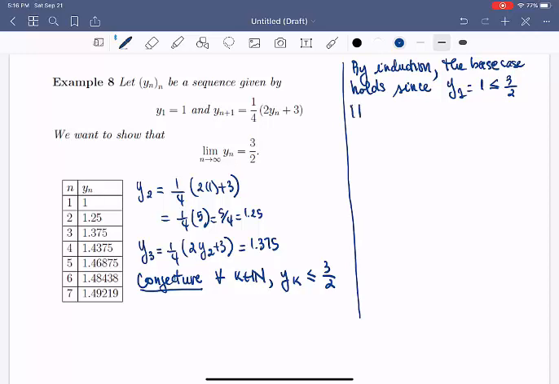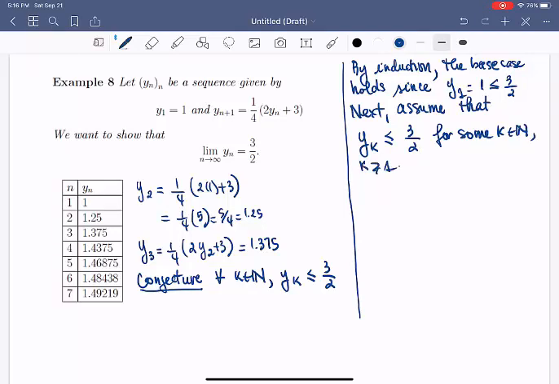Now next, assume that y sub k is less or equal to 3/2 for some natural number k where k is at least 1. Then we know that y sub k plus 1 is 1 over 4 times 2 times y sub k plus 3.